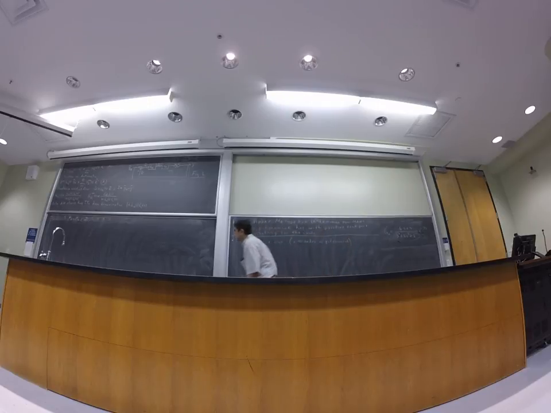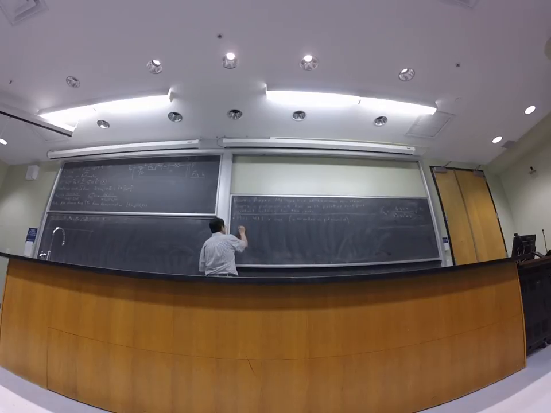So for our example, I'll do here the general case. Let me write the polynomial as a_n s to the n plus a_(n-1) s to the n minus 1, and so on, plus a1 s plus a0 equals 0.